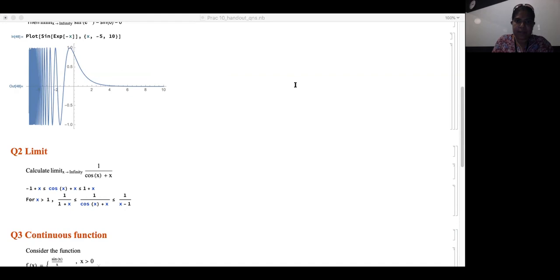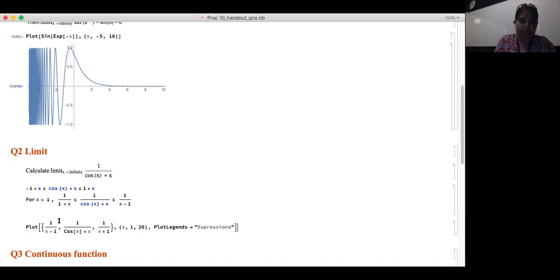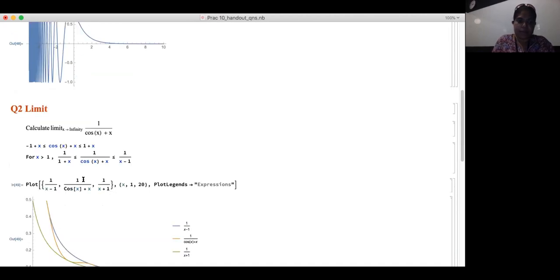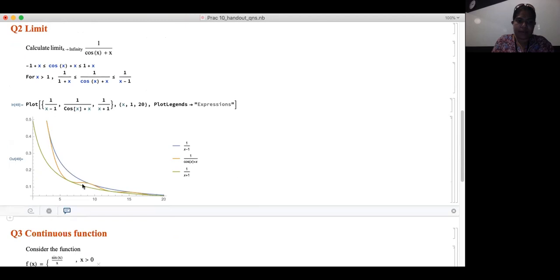Let's have a look at these three functions. Maybe you will get some ideas. Okay. So the original function 1 over cos x plus x is in the middle. It's bounded above by 1 over x minus 1 and below by 1 over x plus 1. Okay, what do you call?